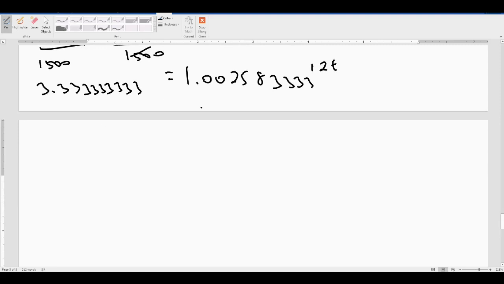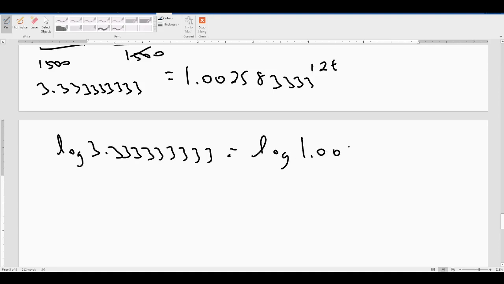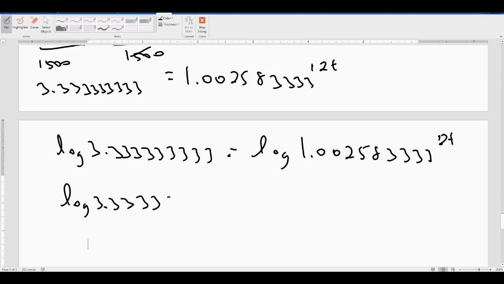So now, remember, when you get to this point right here, you want to take the log of both sides. Once I write all these down, the 12t will now move out in front.